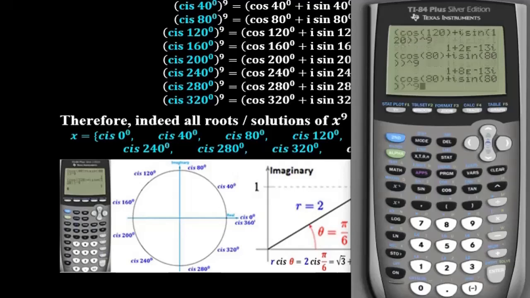Second enter, now it's 40 degrees. This gives you 1. Then second enter, 0 degrees.